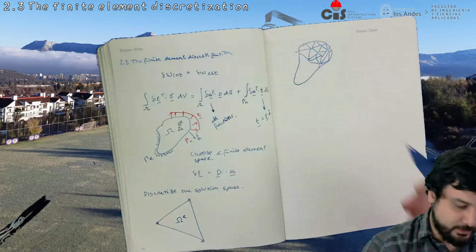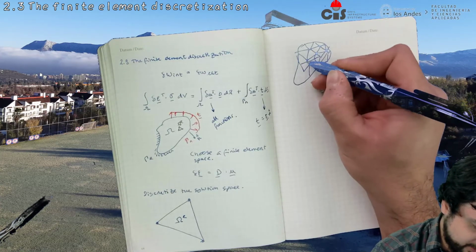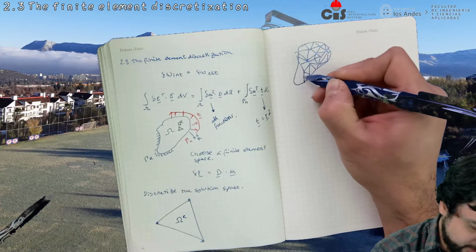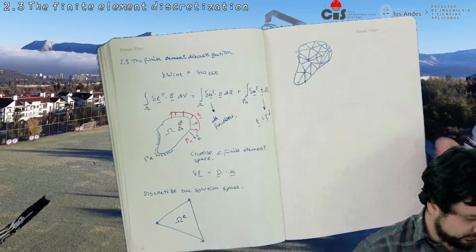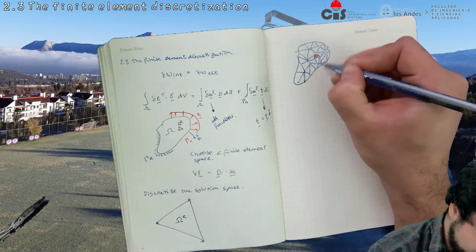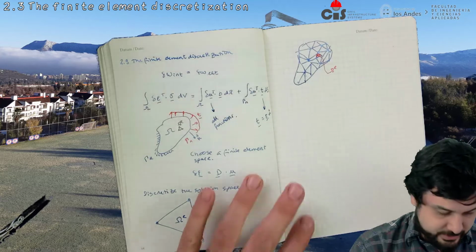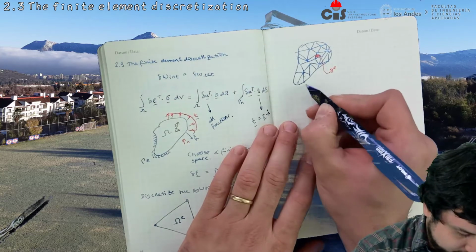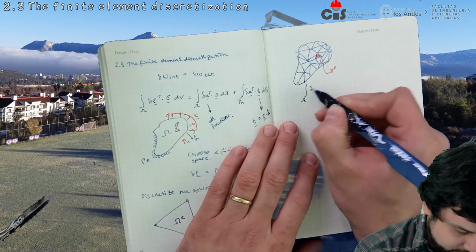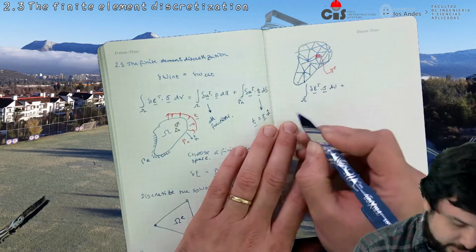Let's be complete. It's a really bad triangulation, but this one right here is our omega e, and you can think that this integral over omega of delta epsilon transpose sigma dV can be split up over all e's.